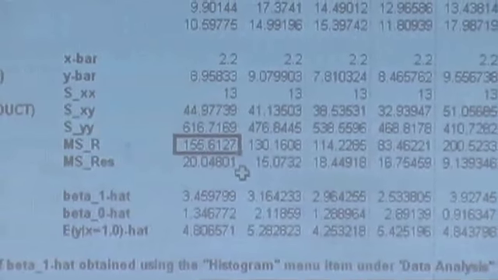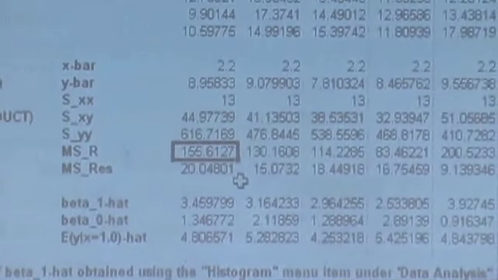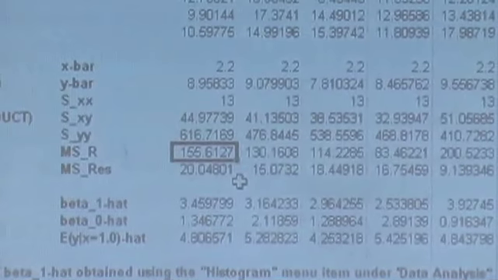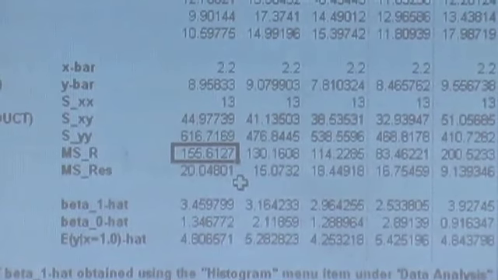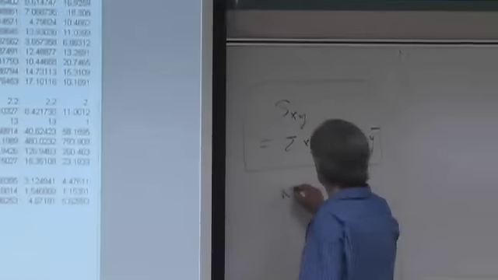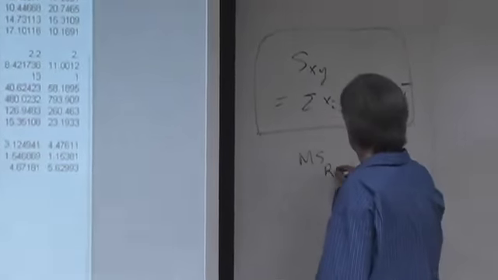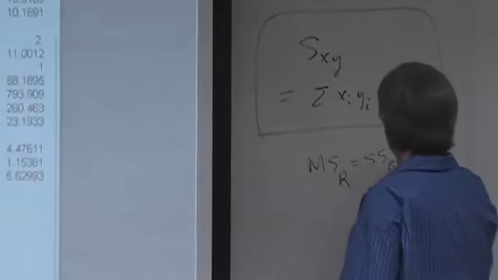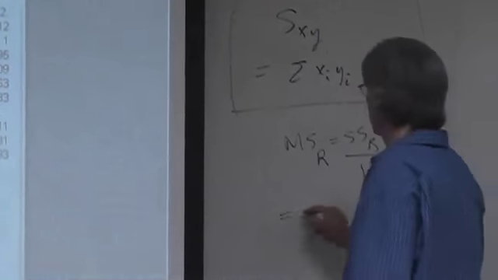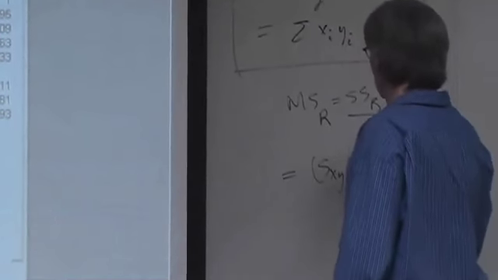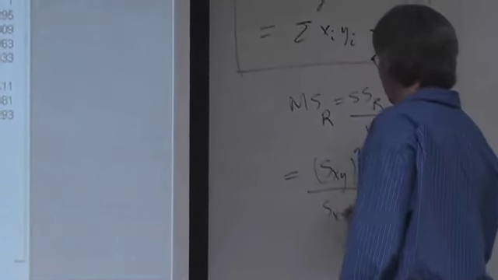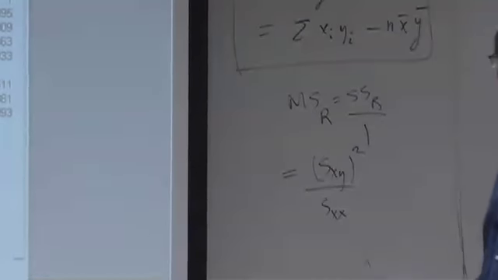There's a formula for that. D76 squared over D75. SXY squared over SXX, right? You can do MSR this way. MSR is SSR divided by 1, which is SXY squared over SXX. Okay, there's a formula for it.